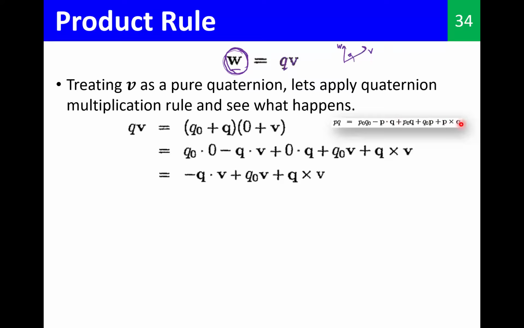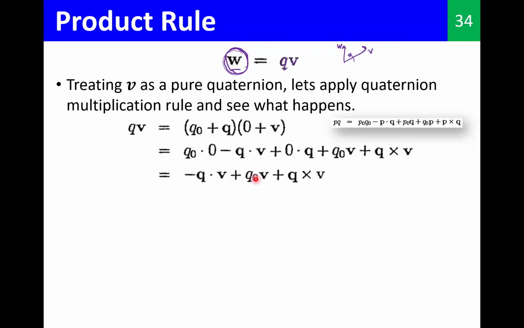I have the formula here, so let's just apply and see. This times this becomes 0. This q times q dot v part is here. 0 times q is there. Then we have q naught times v, and then q v cross. So this 0 would disappear, and we are left with this one.